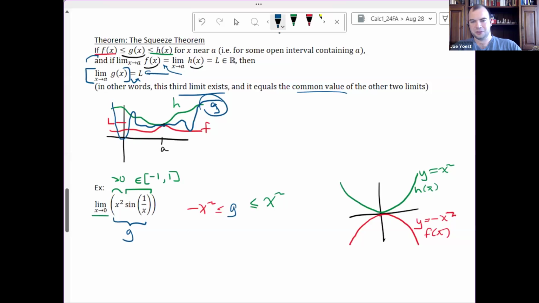Well, it wiggles around a bunch, but it's always stuck between these two functions. So I have f less than or equal to g less than or equal to h, really everywhere in this case, but certainly near 0. Everywhere but at 0, because at 0, sine of 1 over x is undefined.